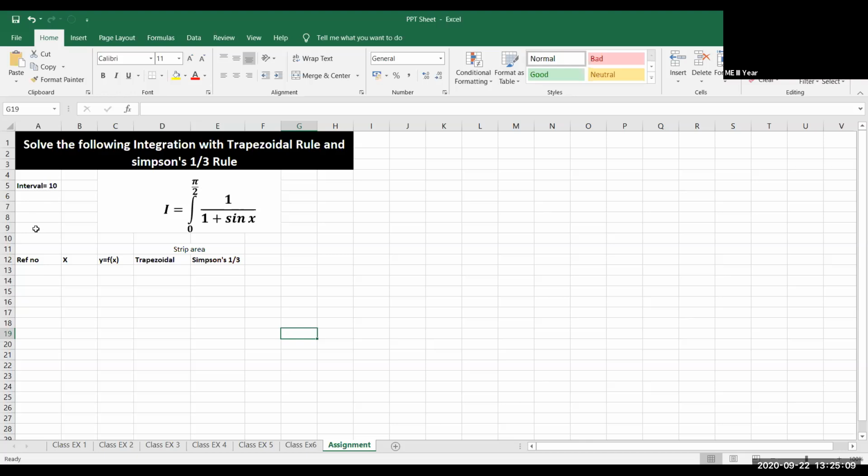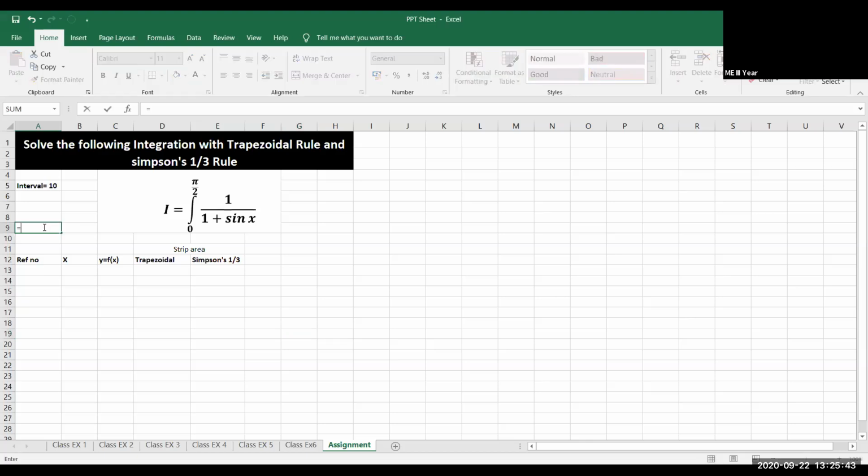How? The formula is h equal to b minus a divided by n, where b is the upper limit, a is the lower limit, and n is the number of intervals. You can note it down or find it in your mathematics book. Since n is given, you can find the h value.